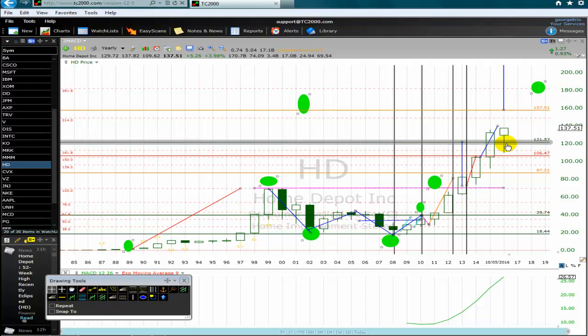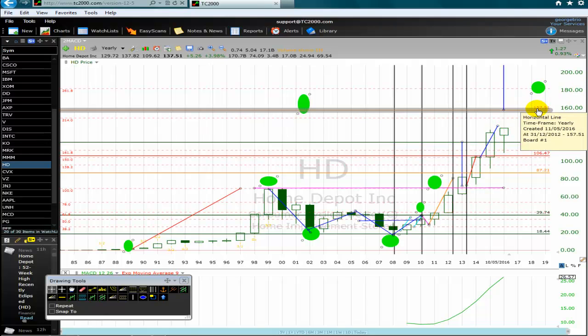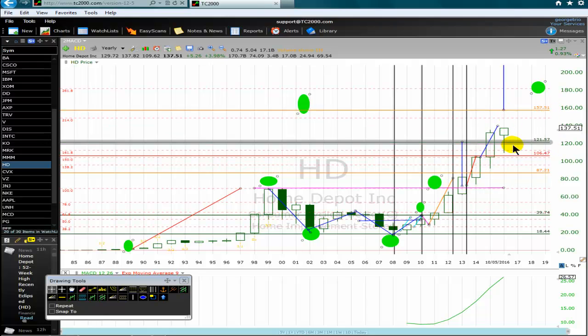Traders must watch the level of 15751. But be aware that if one day this stock goes above 15751, we will use the height of the first wave of the bigger cycle and project it above the level of 15751.